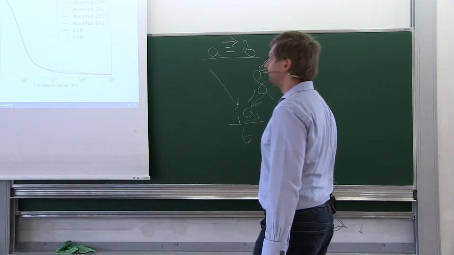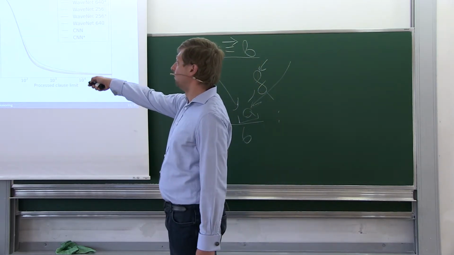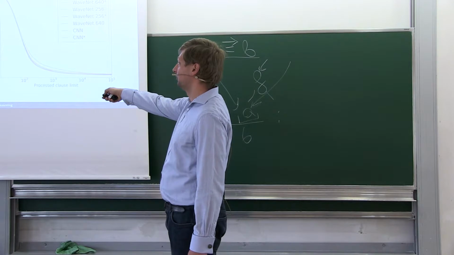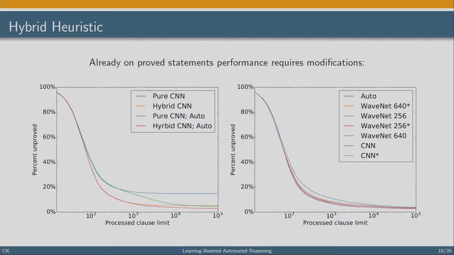Okay, so what happens? Well, just what it learned seems to flatten out not very well as the number of processed clauses increases, but if we increase things, it seems to do better.